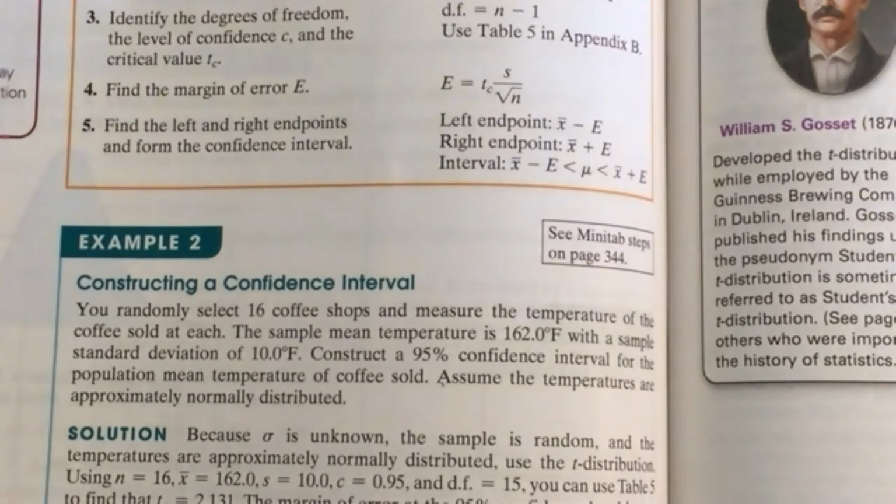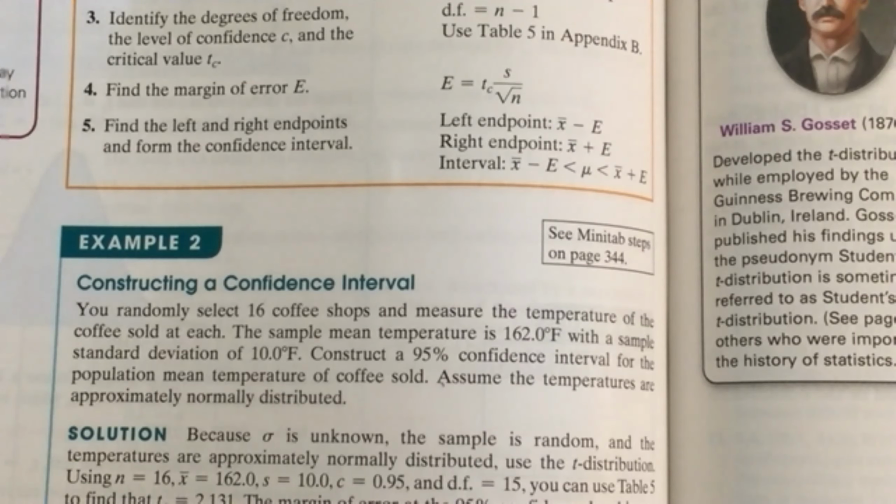Well, in our sample, we can also calculate the sample standard deviation. The sample standard deviation in the sample of 16 coffee shops that we collected was plus or minus 10 degrees. So you could say, I kind of think that the coffee in general would be like 162 plus or minus 10 degrees.